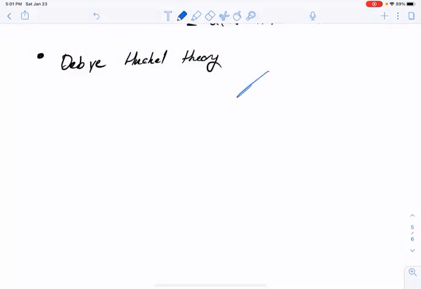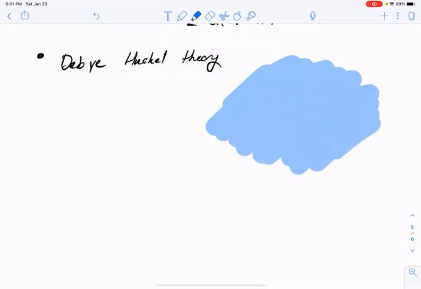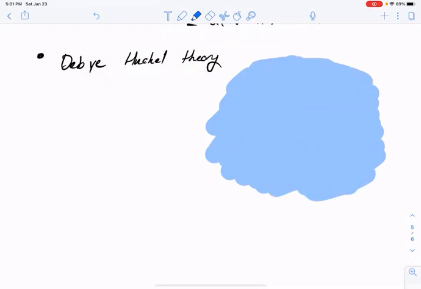Namely, let's imagine I have some solution where I'm going to ignore the solvent. The solvent is just imagined to be some continuum for the purposes of this calculation. We'll relax that next lecture.